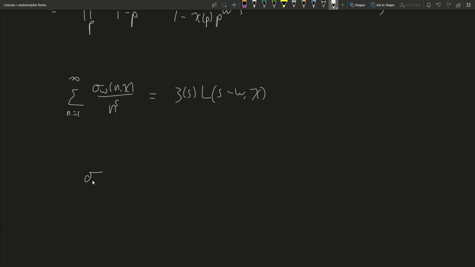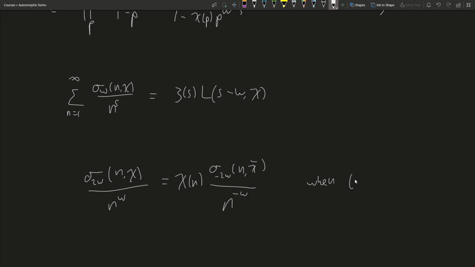So sigma, I'm going to write 2w here, n chi over n to the w is equal to chi n times sigma minus 2w n chi bar over n to the minus w, at least when n, and I'm going to write uppercase N, this is the modulus of chi, when these two numbers are coprime.